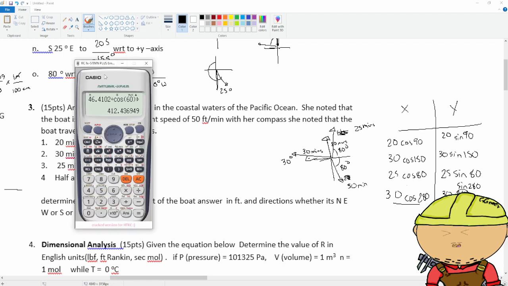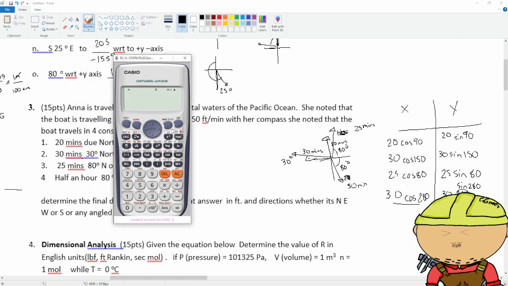and we could also do the complex method here, right? Complex method number 2. So we already have the solution: 20 angle 90 plus 30 angle 150 plus 25 angle 80 plus 30 angle 280.